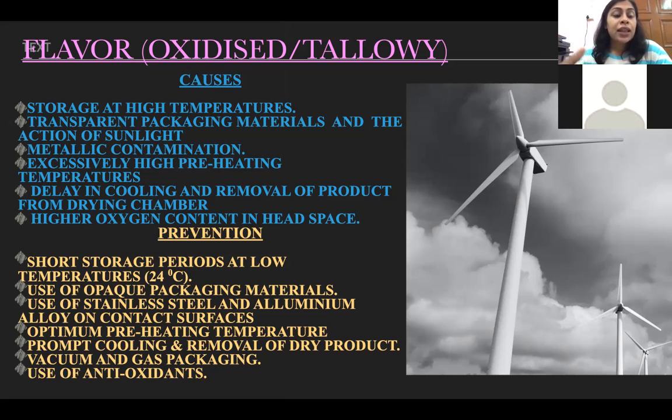Then what happens? Second reason is transparent packaging materials and the action of sunlight. Sunlight plays an important role in oxidizing the fats in whole milk powder and skim milk powder.